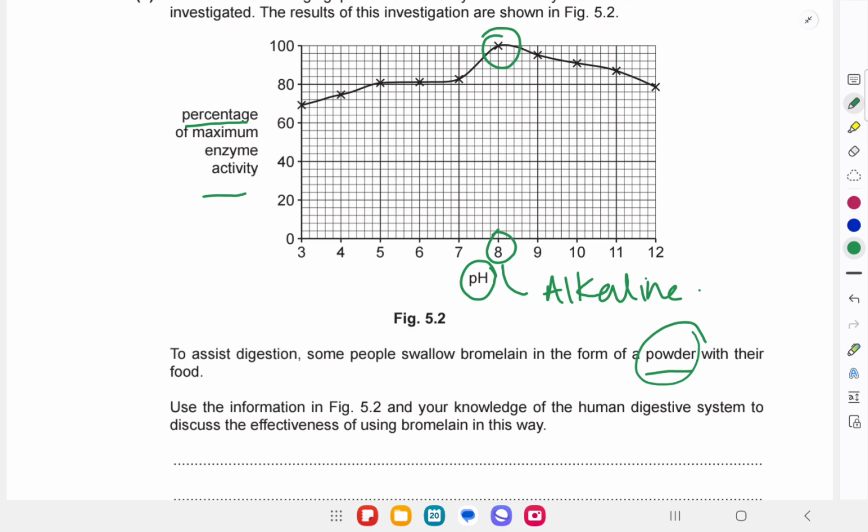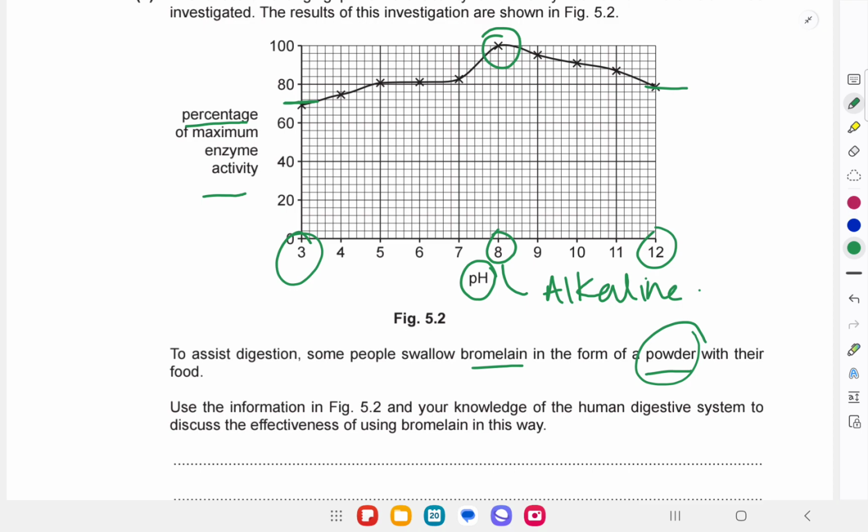So there's high activity if you give a range. So bromelain is active from pH 8 to pH 12. So even at pH 8 it's almost 70% active, and at pH 12 it's 80% active.